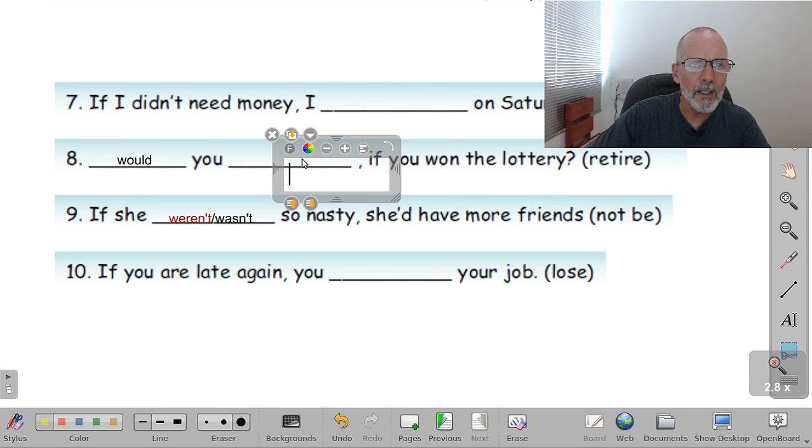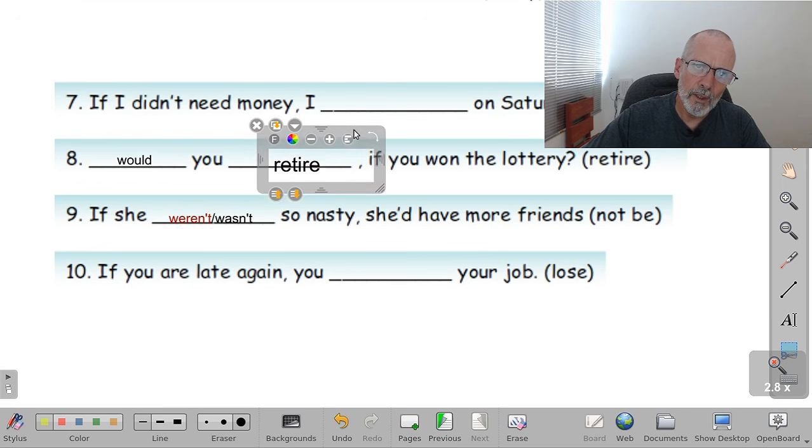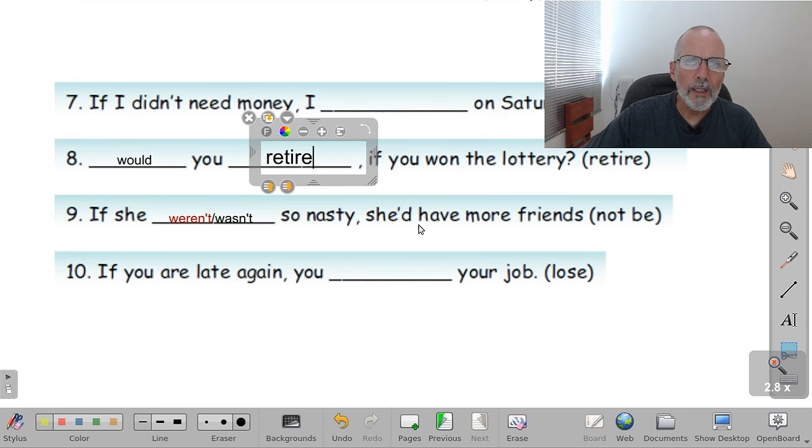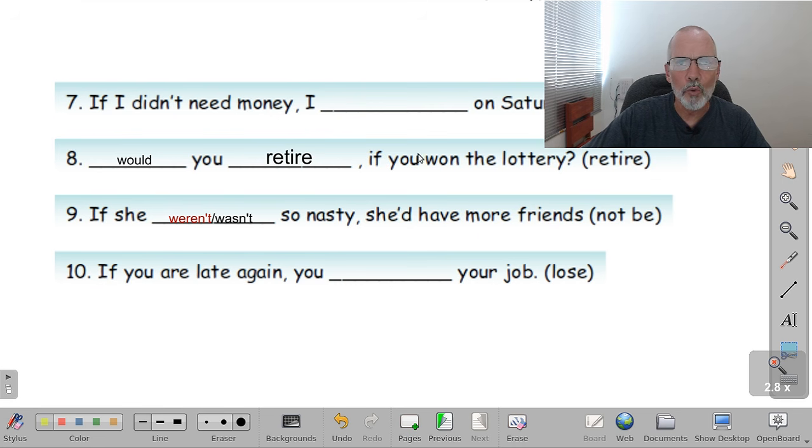Yeah, we just want the base form of the verb. Would you retire if you won the lottery? This is a question, so we need to put the modal verb before the subject. Modal, subject, main verb.